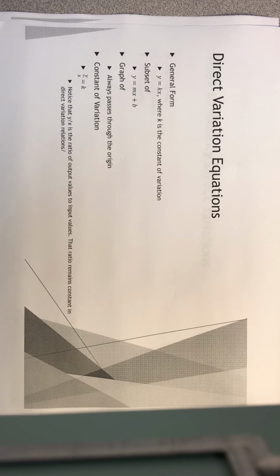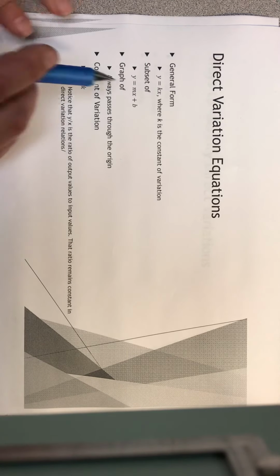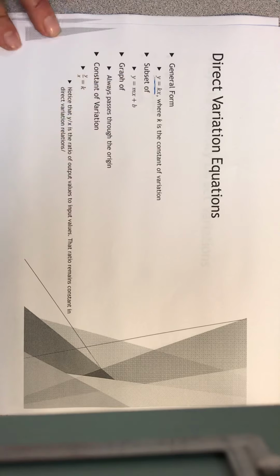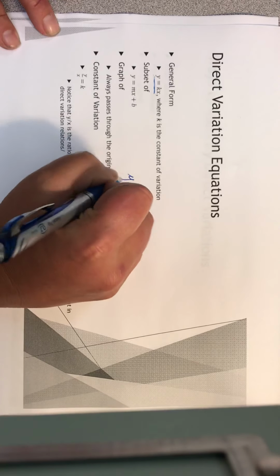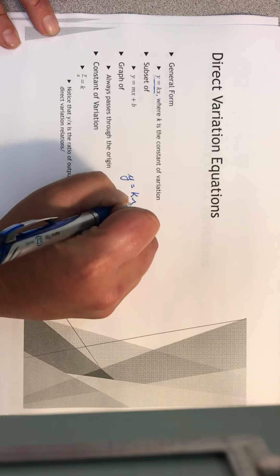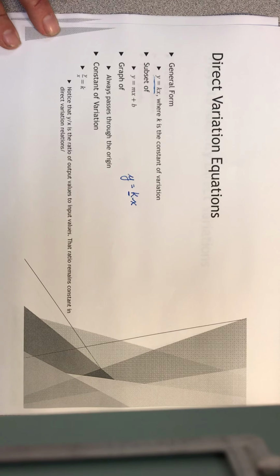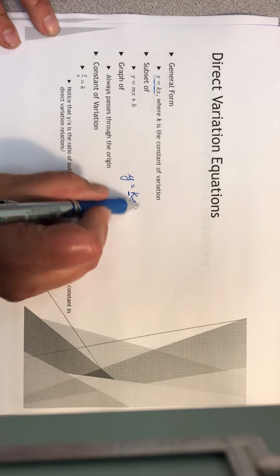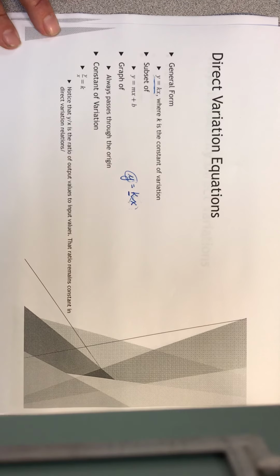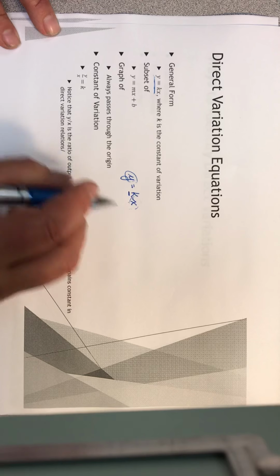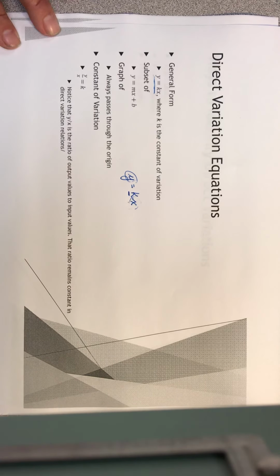The constant of variation is calculated just by manipulating that equation. We start with y equals k times x, where our constant is k. These are our input and output variables, same as they ever were. And we figure out what k is by dividing both sides by x.